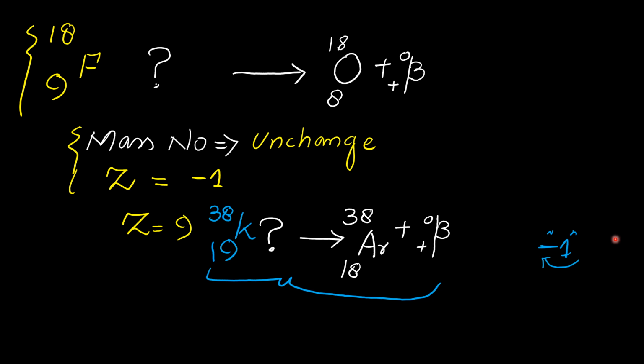Due to this transformation of a proton into a neutron in the parent element, a new daughter atom or nuclei is generated, and in this way it releases a high energetic positively charged electron known as a positron. The process in which a proton is converted into a neutron and a positron is released is known as positron decay. So this is all about positron decay. So thank you for watching this lecture.